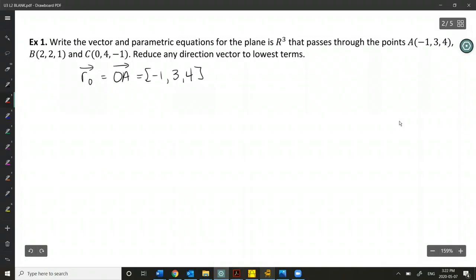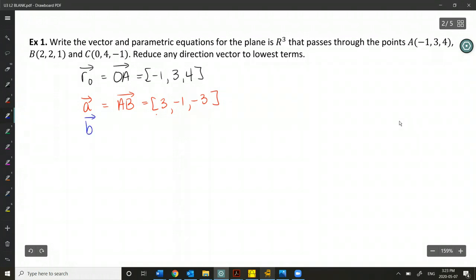Now we want to choose 2 direction vectors. Let's say our direction vector number 1, which we denoted as a in the formula above, we can find using the vector that connects points A and B. Remember, we're doing tip components minus tail components, so B minus A in order to find this. We'll get 3, -1, -3.